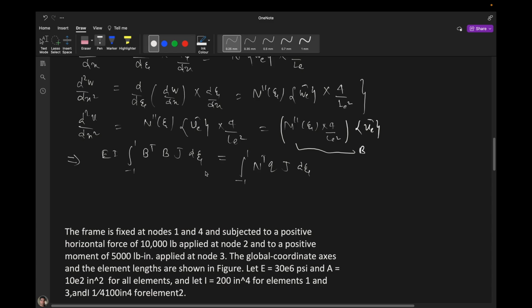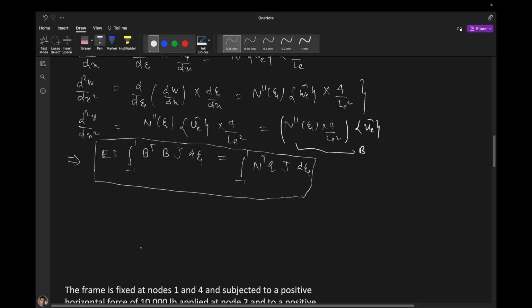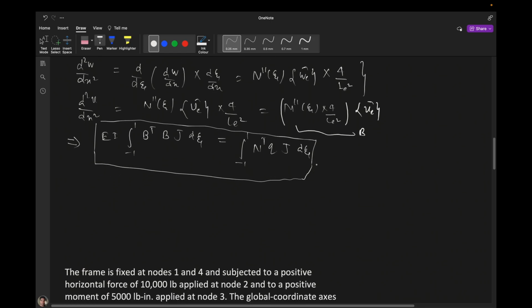And we are neglecting the boundary condition for this moment, because later we can change the boundary condition in the global force matrix. So this is the governing equation for each element, we have to use it.